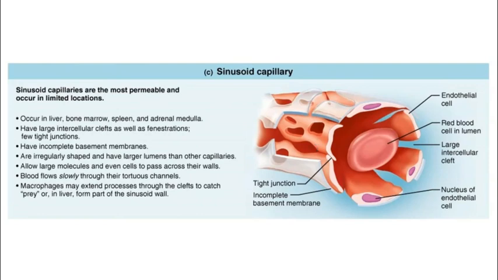But these capillaries are very, very permeable with their large intercellular clefts, right? That is the large spaces between adjacent cells, and large fenestrations, that is very large holes that exist within the cells, so that materials can very easily leave the bloodstream and enter the cells of the liver.